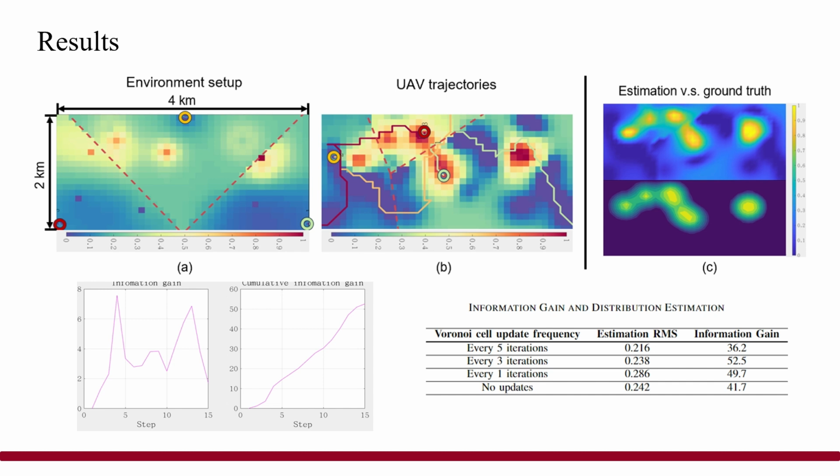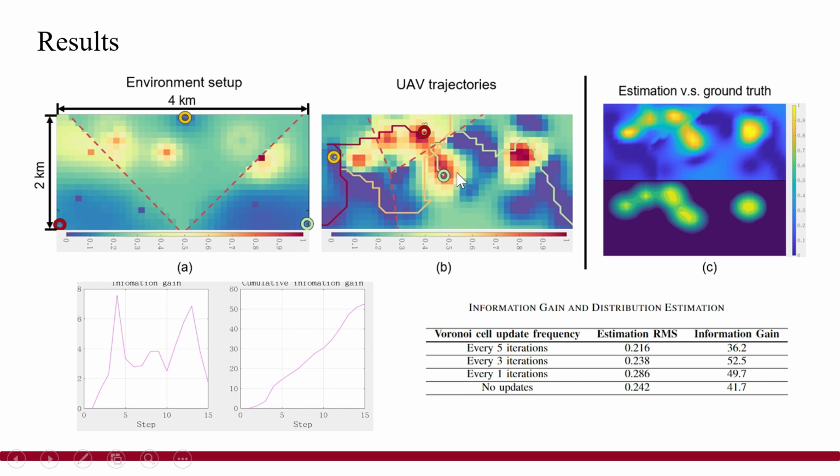The second figure shows the paths that our robots take, with each colored trajectory representing a different robot. You can see that the robots have covered all the high information areas, and from the winding paths, we can notice that the robots have spent a lot of time in these high information regions.